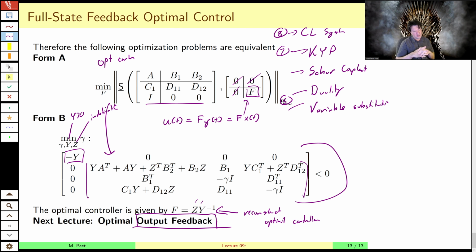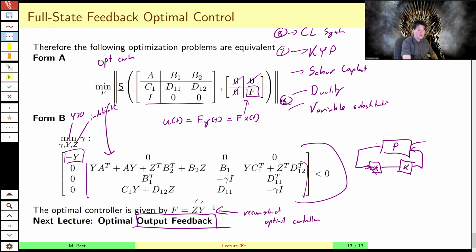And in the next lecture, we'll show that the real optimal control problem, not just where you have a plant coupled with an optimal controller, coupled with an optimal estimator, as they do in the book. Optimal estimator, optimal controller.